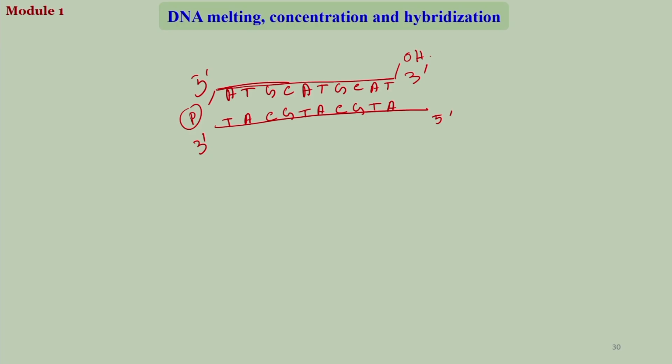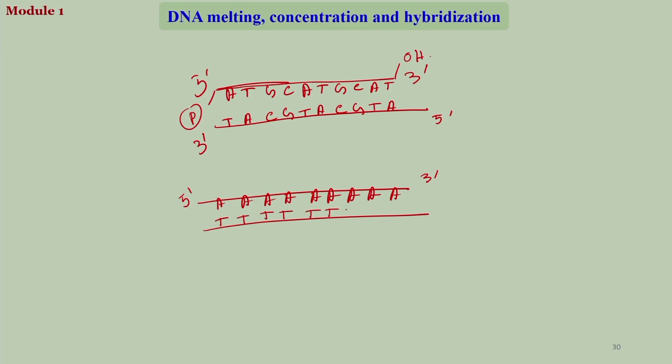Now depending upon the sequence of the DNA, DNA has different strengths. For example, if I just take a DNA which is all AT, 5', 3', T, T, T, T, T, T, T, T, T, 3', 5'. So we are talking about two properties of DNA, that is called DNA melting and DNA hybridization.